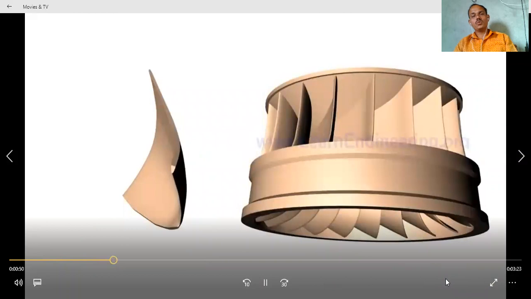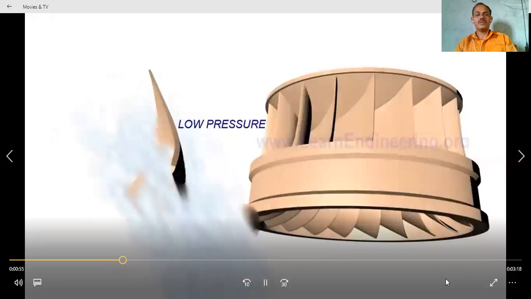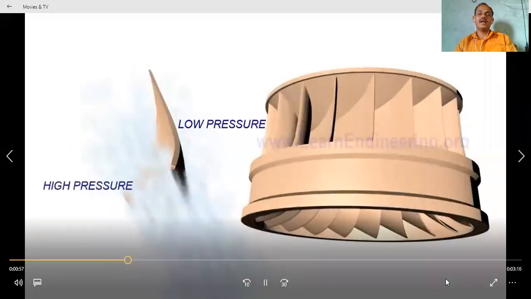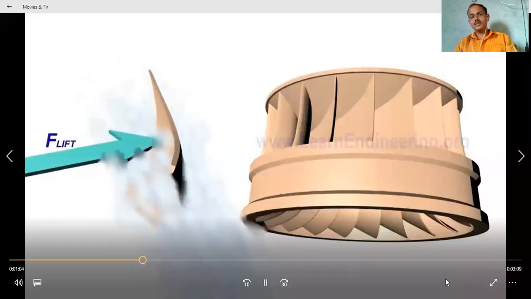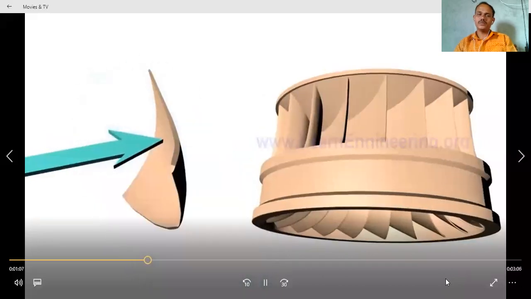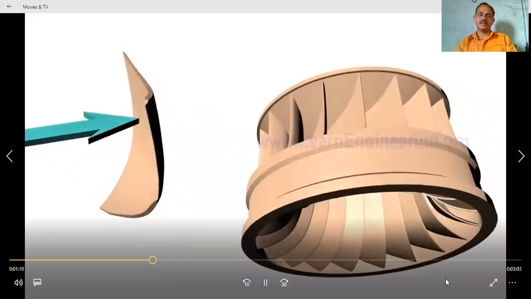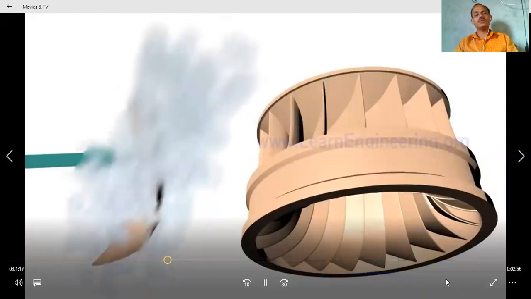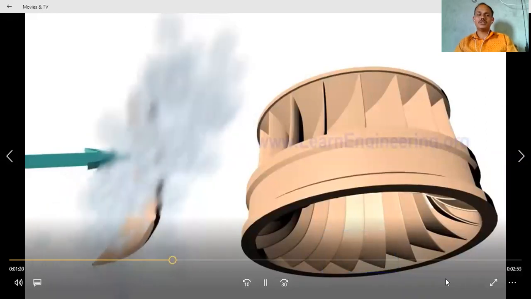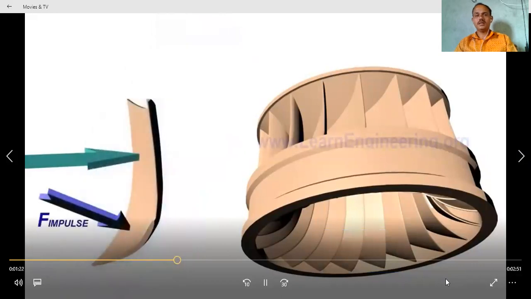When the water flows over the vane, it creates high pressure on one side of the vane and low pressure on the other side. Due to that, it results in a lift force from the high pressure side. When water moves in the downward direction, it applies impulse force on the vanes.